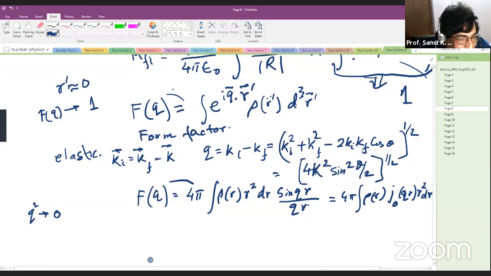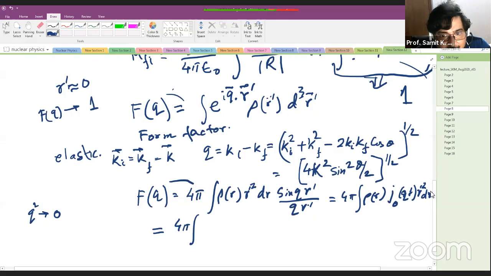It should be r prime everywhere; I missed the r prime here. Those are all r prime, and this one is also r prime.